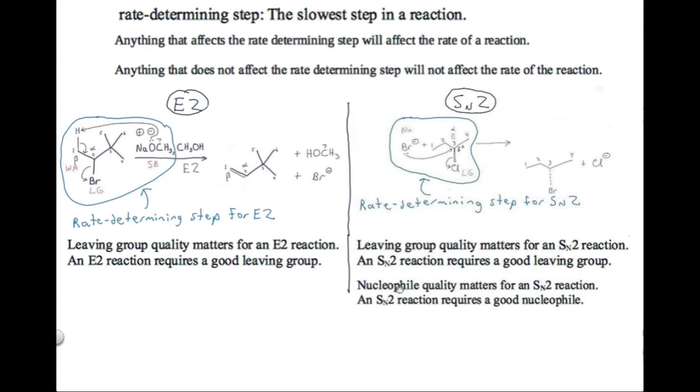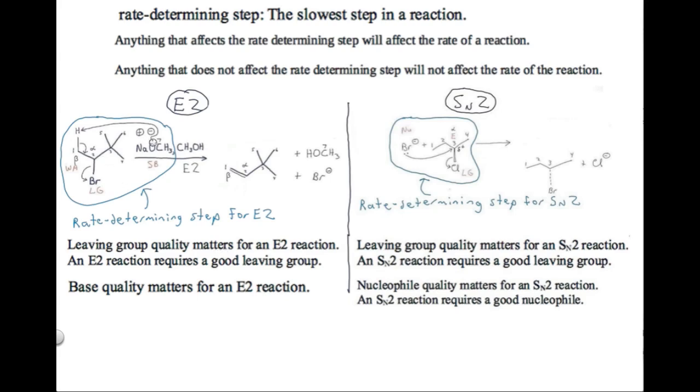First of all, notice that for E2, we're not going to talk about nucleophile quality, will we? There is no nucleophile in an E2, so what should we talk about here? We should talk about base quality. So my question is, do you think that base quality matters for an E2 reaction? Here's the answer. Yes, the quality of the base matters for the rate of an E2 reaction. How would you justify that statement?